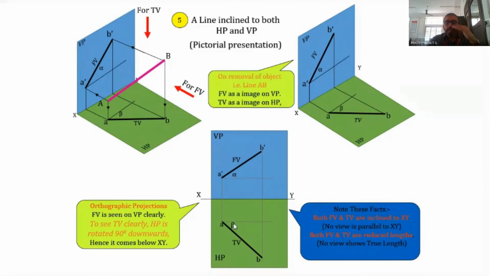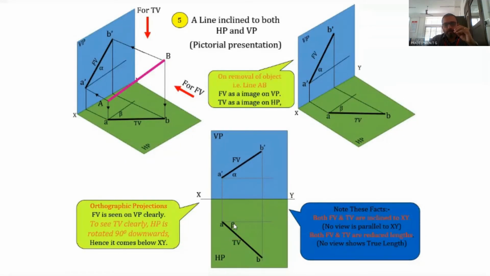That is, when the line had an inclination with the VP, the projection on that particular plane, that is the front view, had a reduced length. Here also, since this line is inclined to the VP, obviously the front view has a reduced length. And here the line is inclined to HP also, not just to VP.